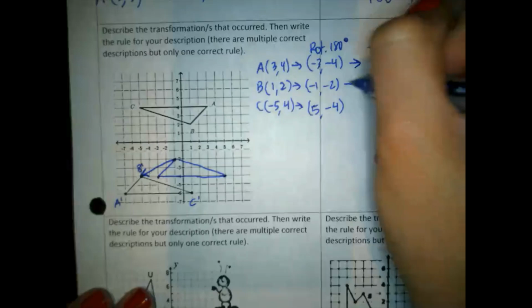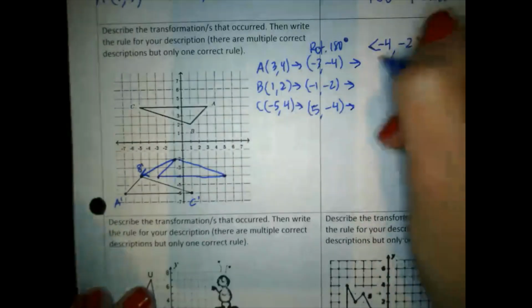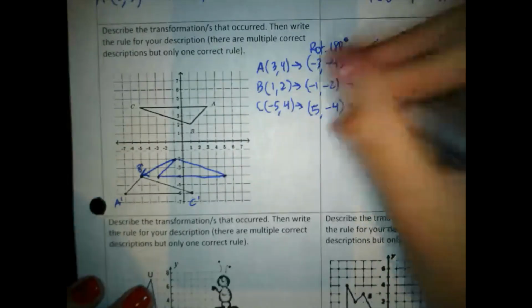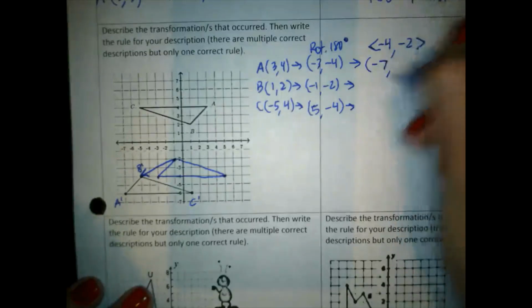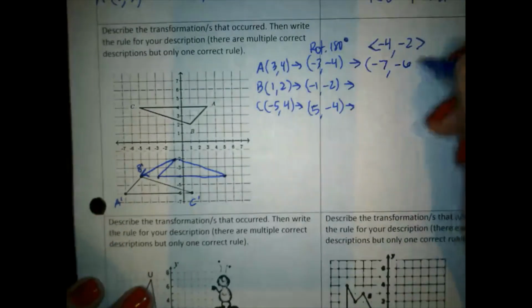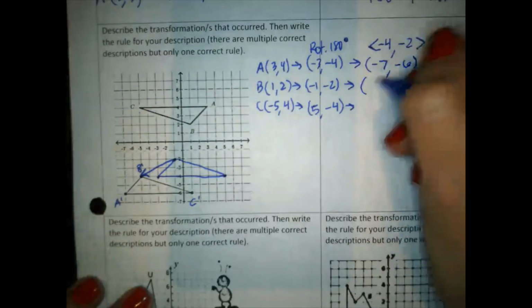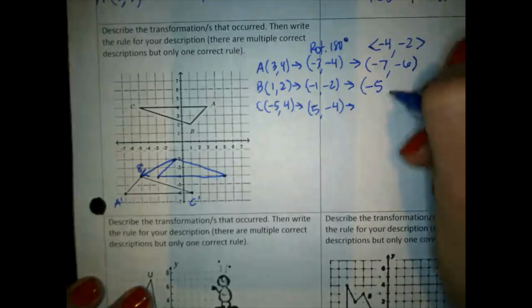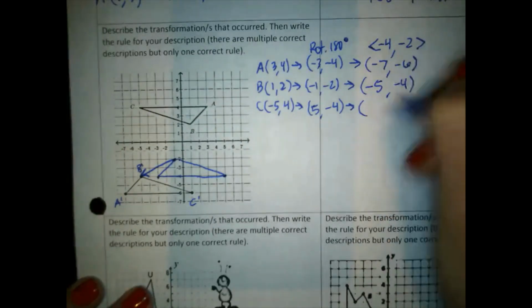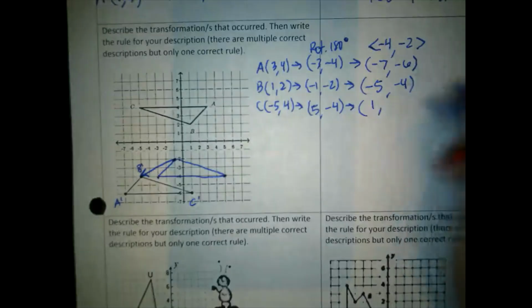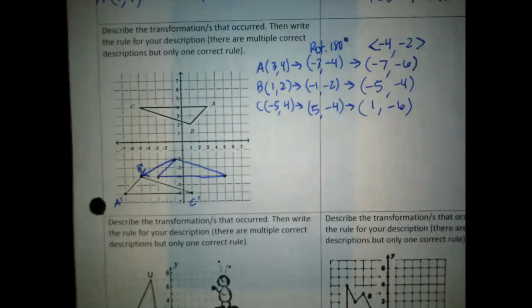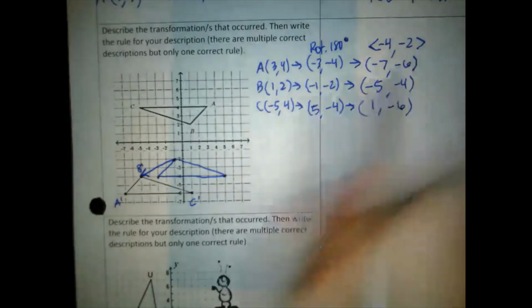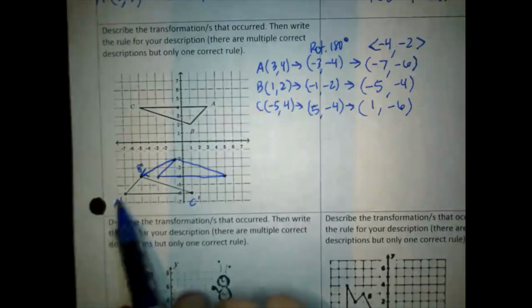Let's see what happens when I do this translation: -7, -6; -5, -4; 1, -6.